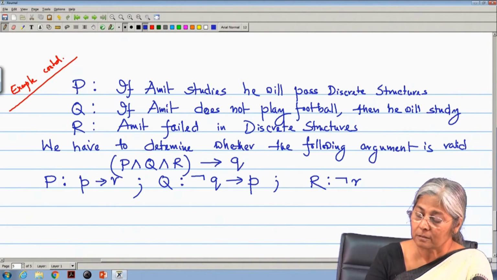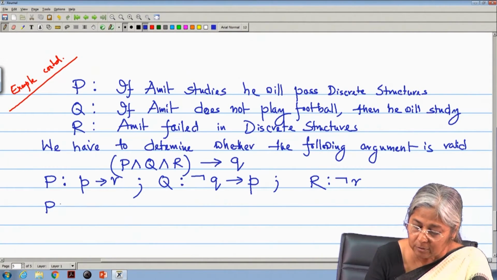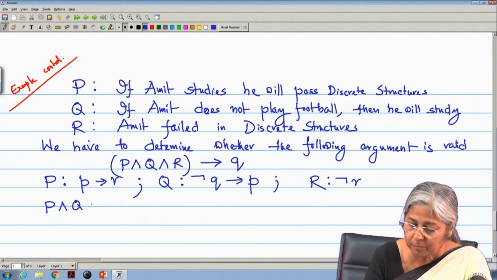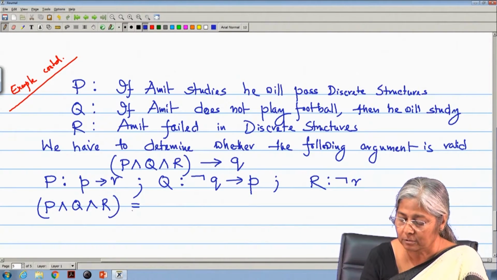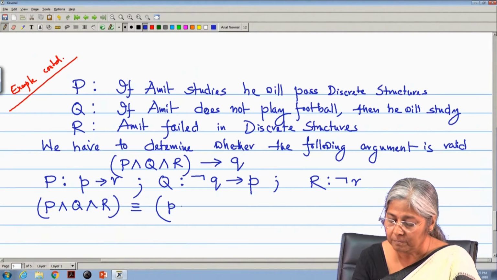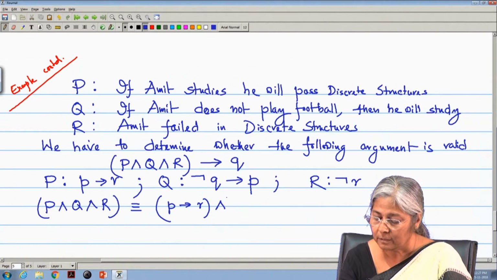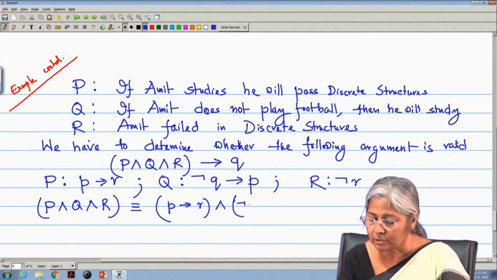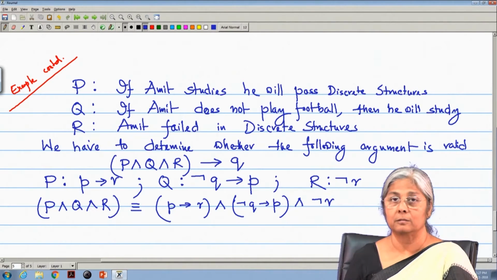Now we replace the capital P, Q and R. So, the compound propositions connected by the conjunction are equivalent to: p implies r, and negation q implies p, and negation r.